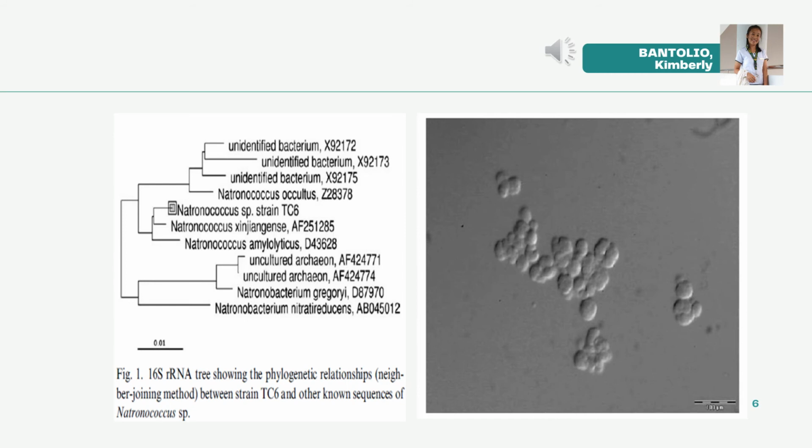The second figure shows the phase contrast micrograph of TC6. However, further work on DNA to DNA homology and biochemical composition of cells, particularly polar lipid pattern, is under investigation for the determination of the species.